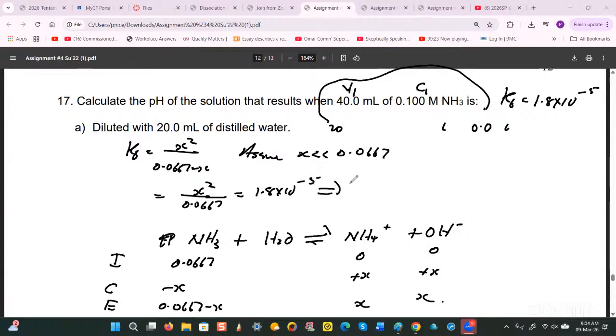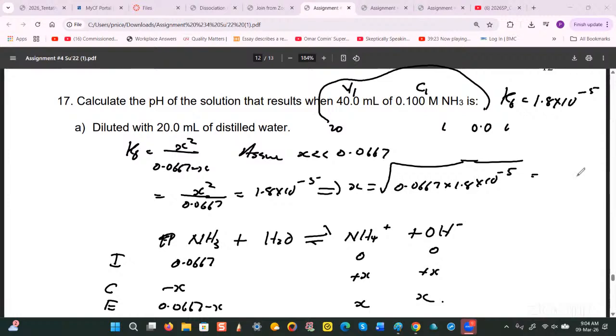So therefore, X will be equal to the square root of 0.0667 times 1.8 times 10 to the minus 5. And then I find the square root of that.